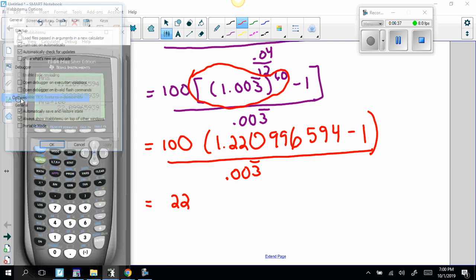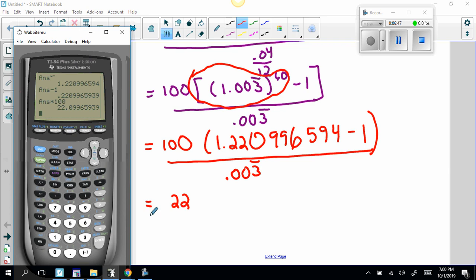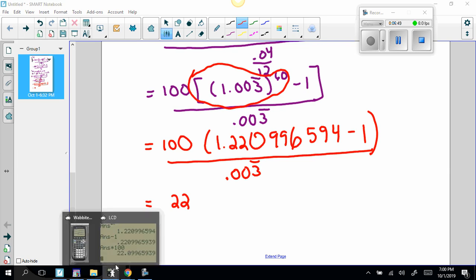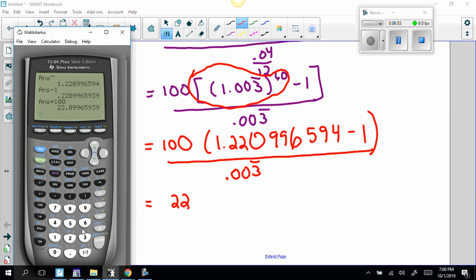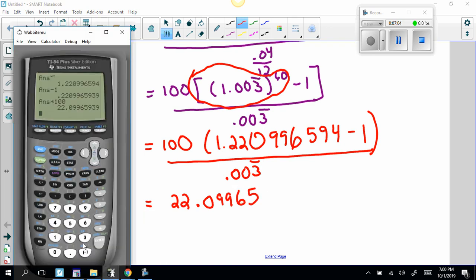Calculator, options, load files, screen capture, automatically save, apply, always show on top, apply. Okay, sorry, this is killing me. 0.09965, 0.09965, 939.